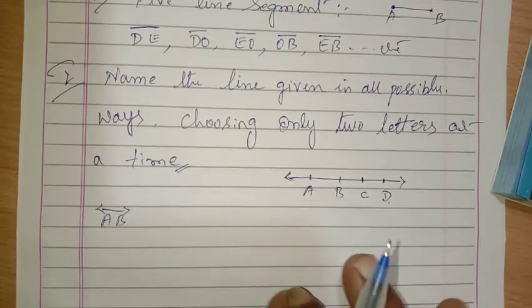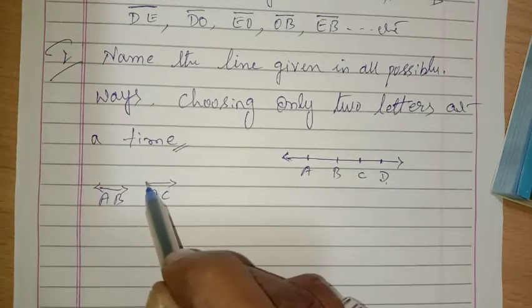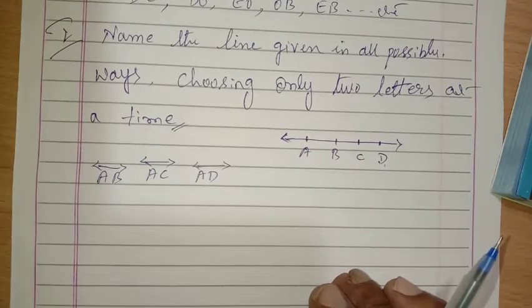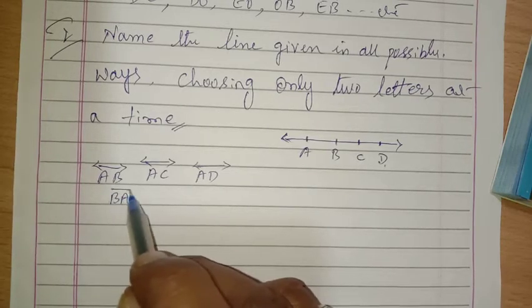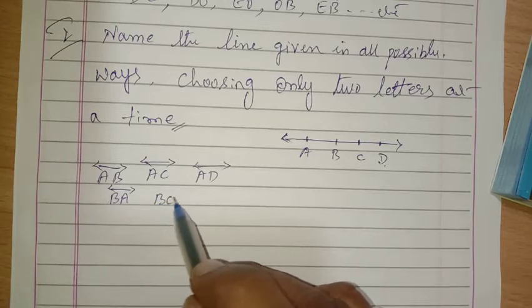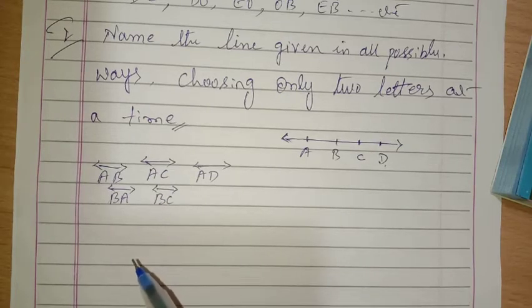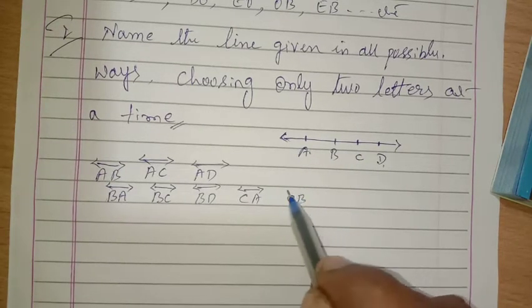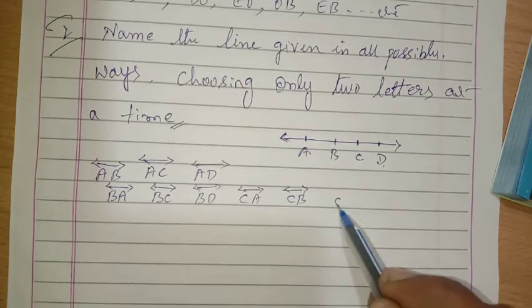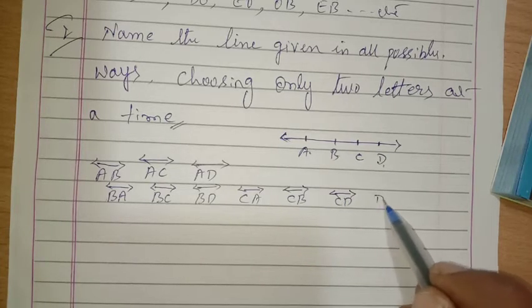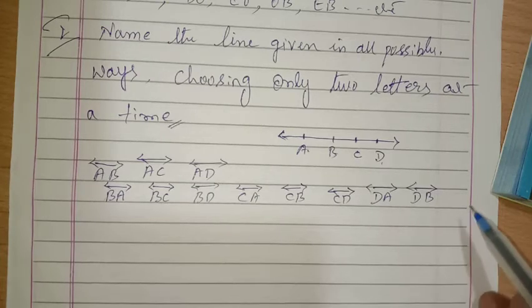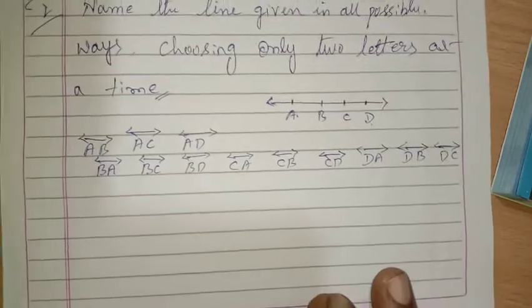AB is a line, AC is a line, AD is a line, BA is a line, BC is a line, BD is a line, CA is a line, CB is a line, CD is a line, DA is a line, DB is a line, and DC is also a line. They show the arrow mark on both sides. This is called a line.